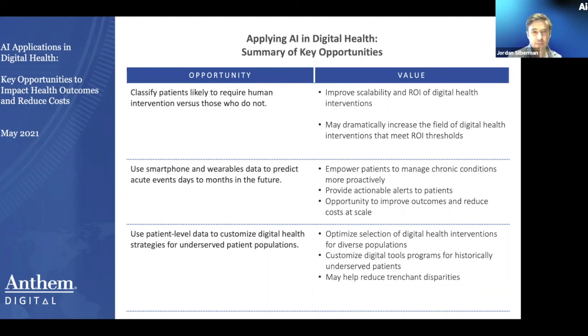And so we talked about using AI in digital health to help classify patients into those who are likely to have better outcomes if a human is in the loop versus those who are going to have a favorable outcome with or without that human element.